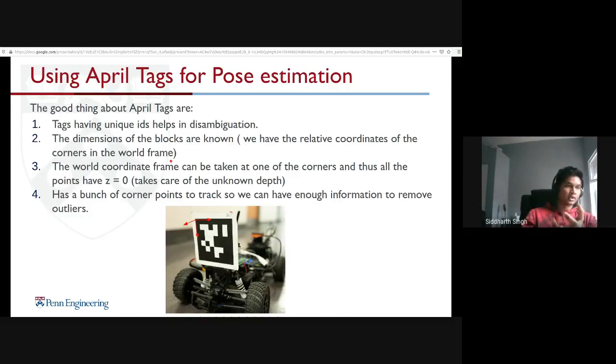How do they help us? These unique shapes with unique IDs help us in differentiating them from other April tags.